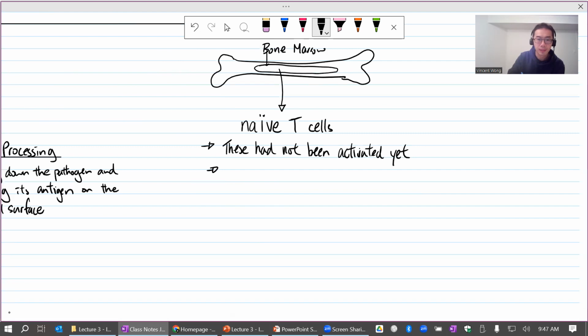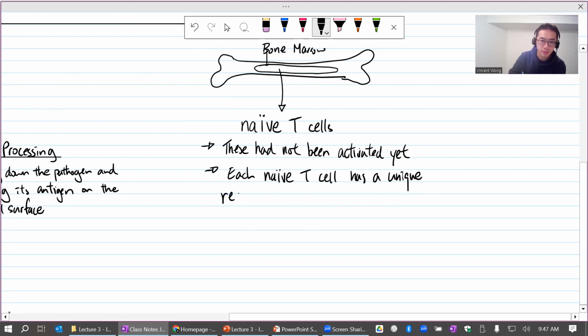Each naive T cell has a unique receptor created through gene shuffling, right? I told you about gene shuffling earlier.